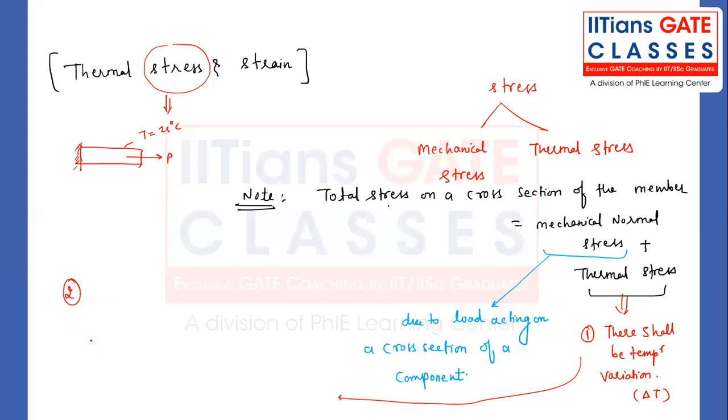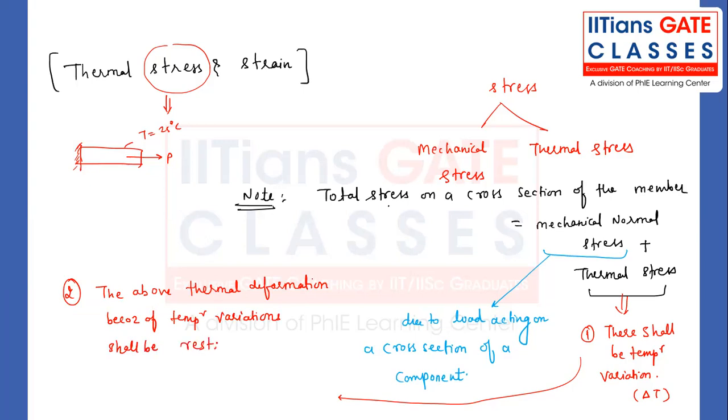The second requirement for generating thermal stress is that the thermal deformations, because of temperature variations, shall be restricted either partially or completely.